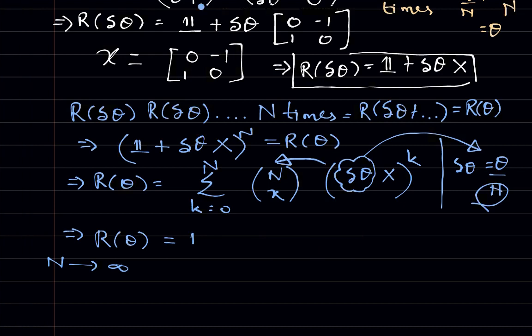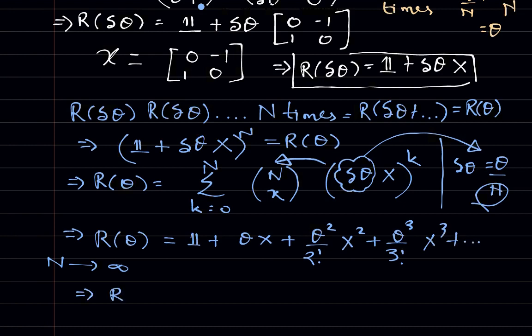So we'll get identity plus theta X plus theta square by 2 factorial X square plus theta cube by 3 factorial X cube plus dot. And this was quite amazing, because we know what this series leads to.